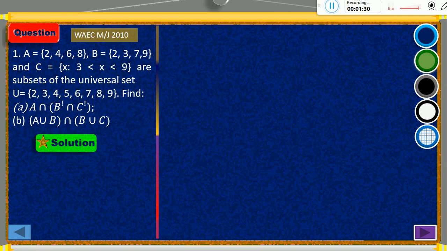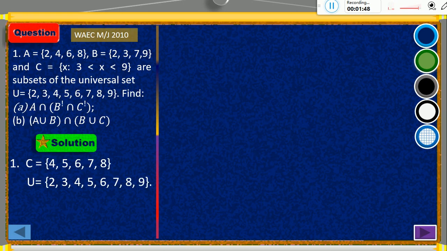Question number 1. The question is on sets. You can see it clearly on the screen. Let's see how to solve this problem now. List the elements of set C. This is the universal set given. We are going to use the cover up method.